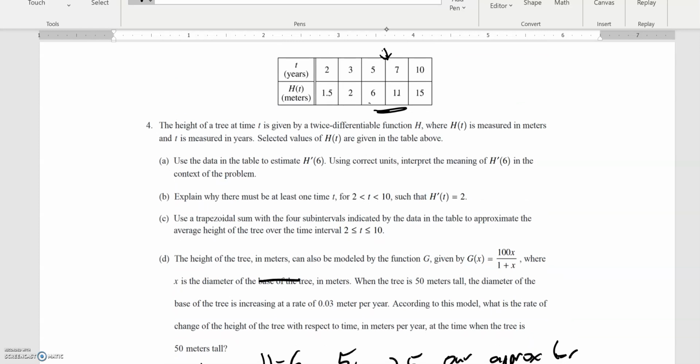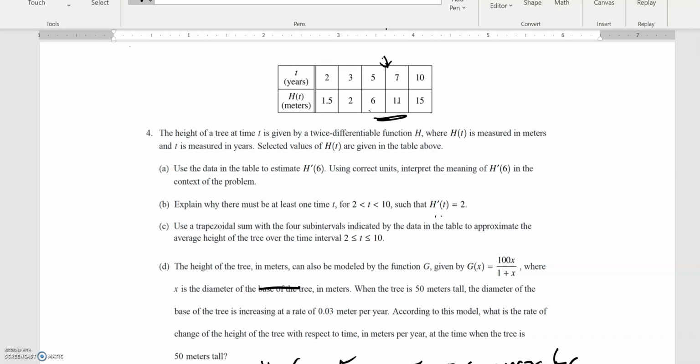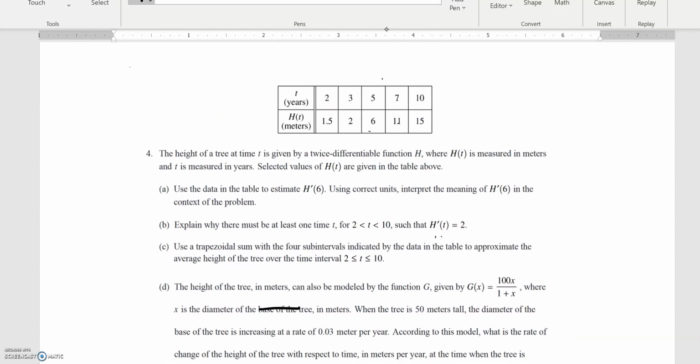Next one. Explain why there must be some t between 2 and 10 where h prime of t is equal to 2. Now, this one's a little tricky when I first looked at it, because I thought, usually when they give you a problem like this, you can just use the mean value theorem straight off. And that's the idea: we've got a point at 2, and we've got a point at 10, and it goes from 1.5 to 15.